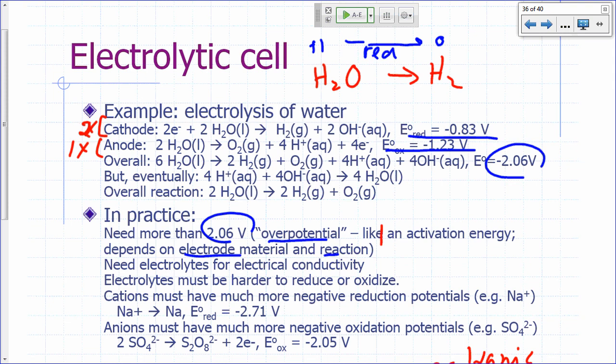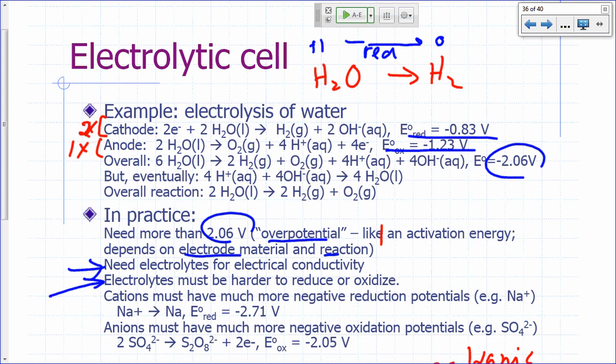In the case of water, you need at least an extra 1 volt. Also, since water is a poor conductor of electricity, you need to add an electrolyte to your water in order to carry out your electrolysis. Pure water, you stick it in there, it's not going to work. You need some electrolyte to conduct the electricity through the water.